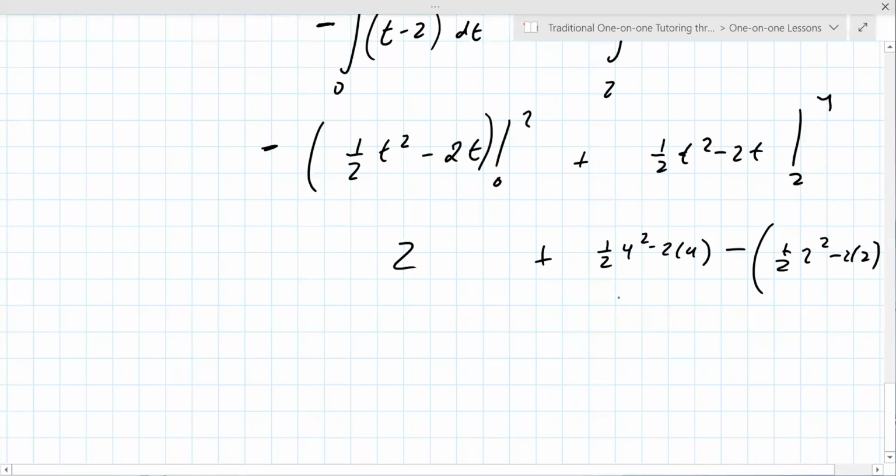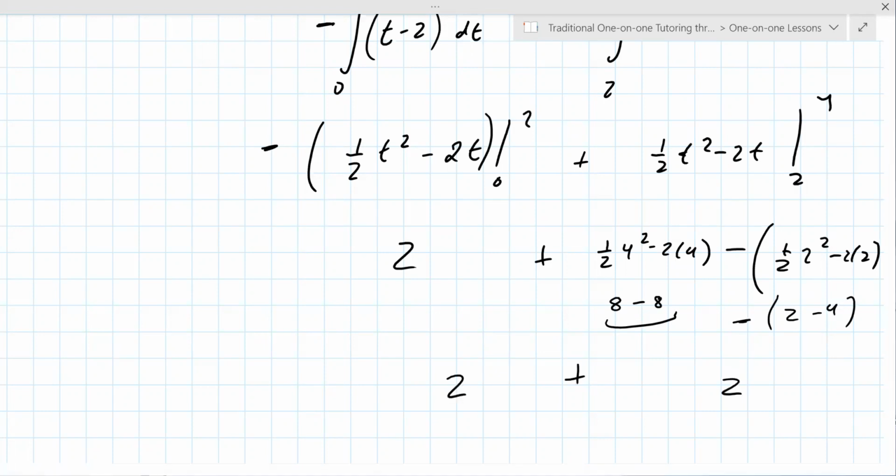So 16, that's 8 minus 8, that's 0. Yeah. And then this one, 1/2 of 4 is 2, 2 minus 4, but then you negate it. So this becomes 2 as well. Oh, I forgot to negate it. That's why. Because I did 2 minus 2. So it's 4. Okay.